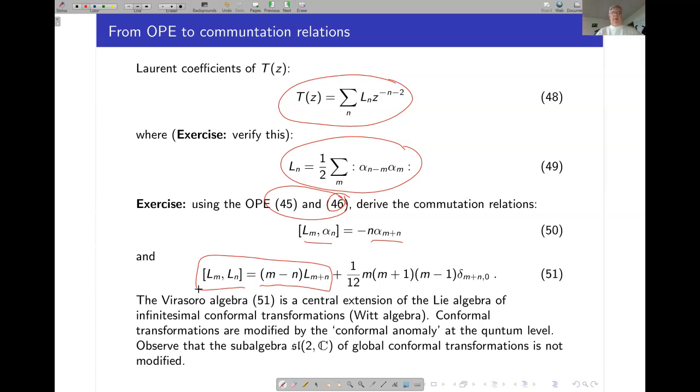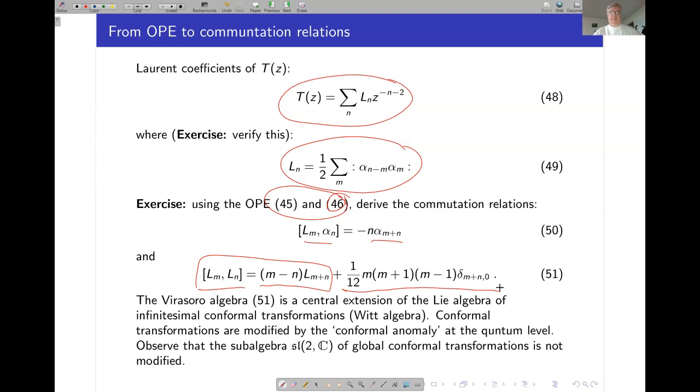But there's something going on because we get an extra term. This extra term is proportional to the unit operator. So it does not introduce any new object which does not commute with the L's. Therefore, this is called a central extension of the algebra because it brings in on the right-hand side an object which is proportional to the unit operator and therefore commutes with everything.